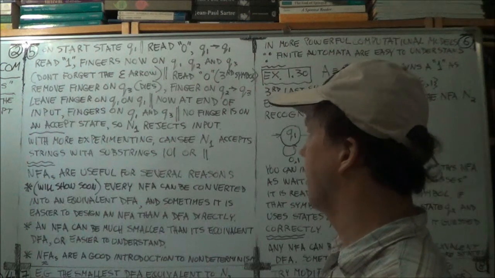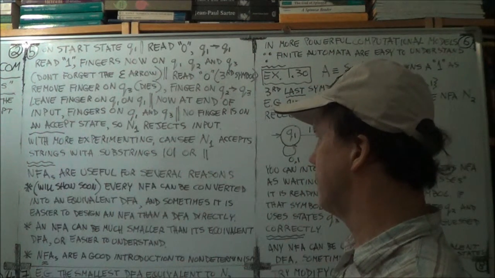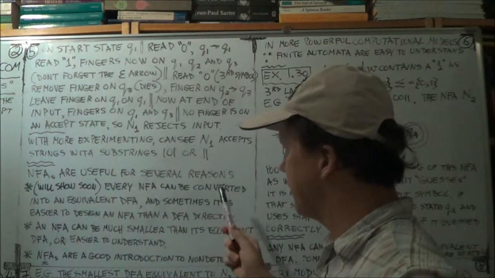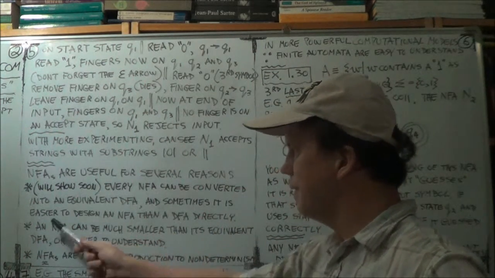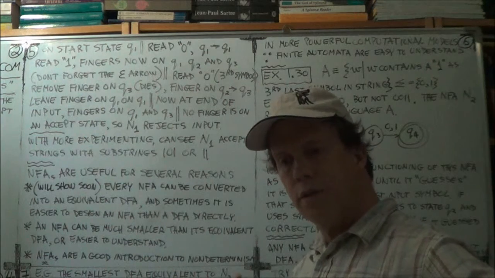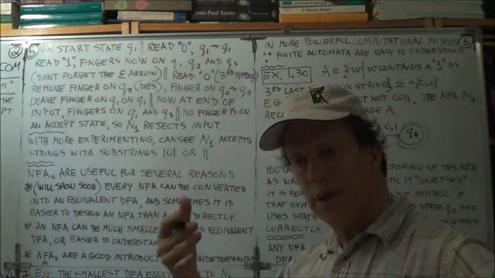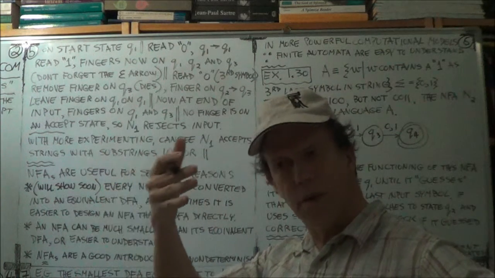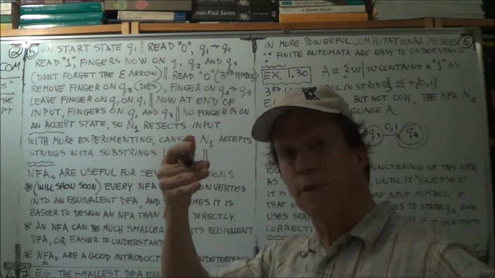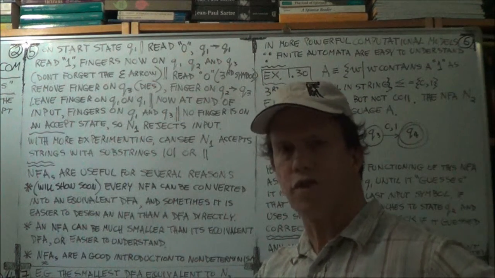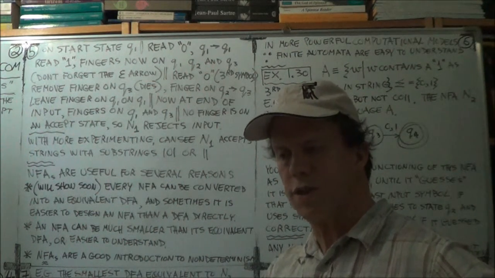And so what? What's the point of that? Well, sometimes it's easier and quicker to take an indirect route to designing something. So you have some task, you're asked to find an automaton that recognizes a certain language, certain kinds of strings, each of which has something in common.